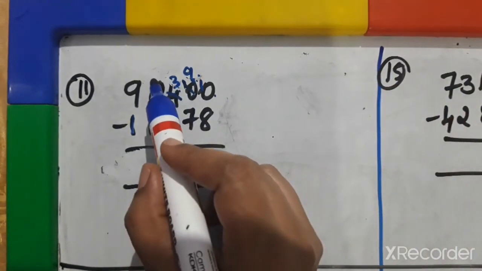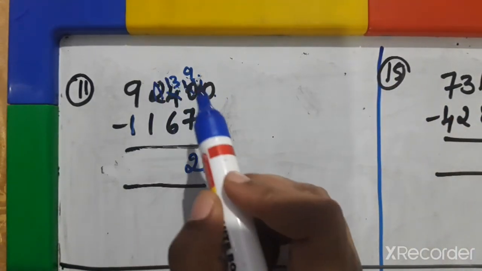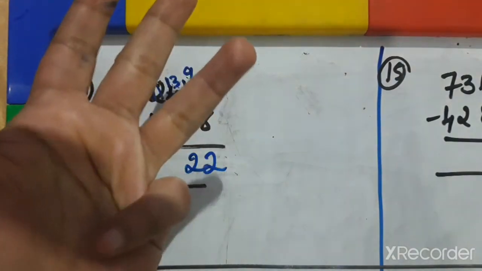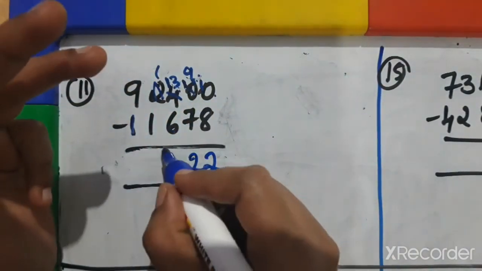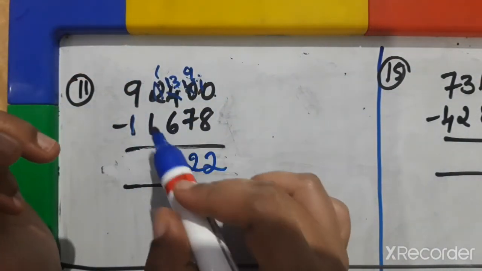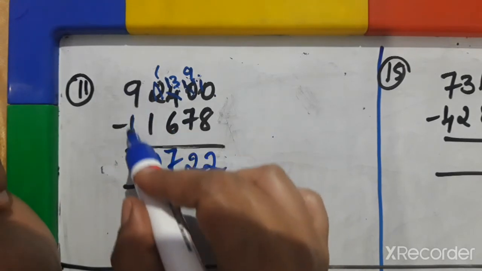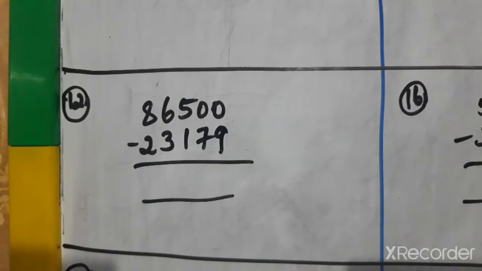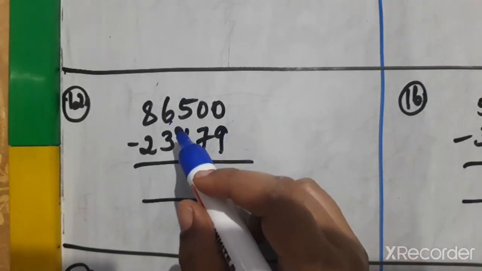So borrow 1 from 2. So here this is now 13 and 2 is now 1. Now 13 minus 6 means 7, 8, 9, 10, 11, 12, 13. So how much? 7. And here 1 minus 1 is 0 and 9 minus 1 is 8. Answer is 80,722.